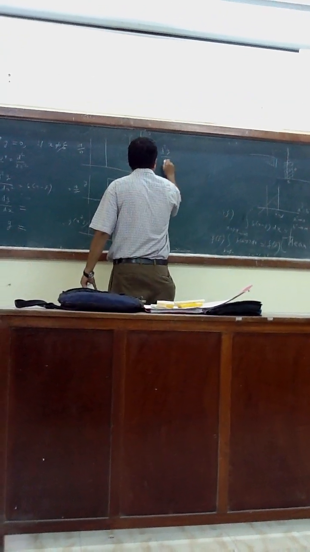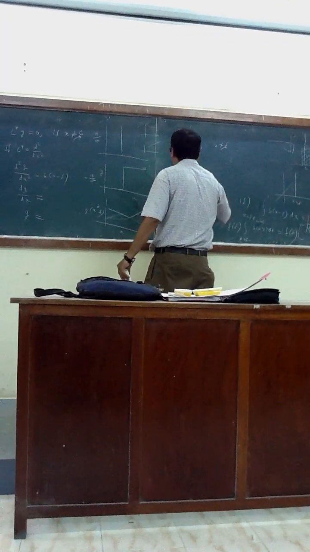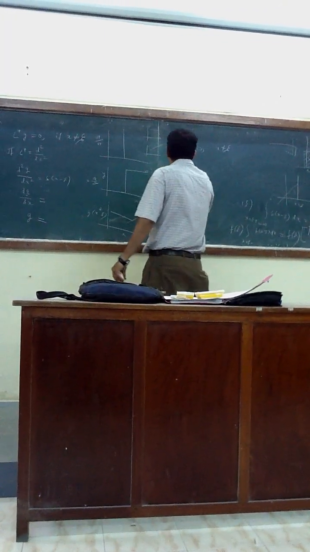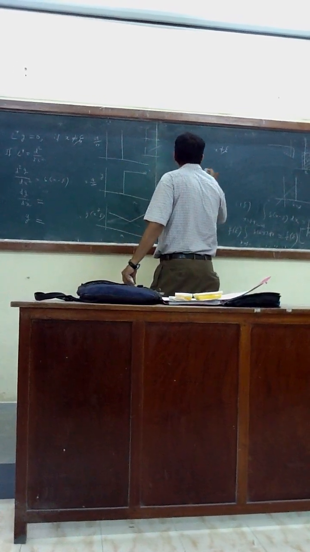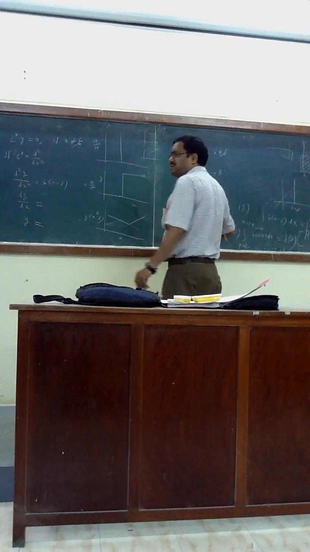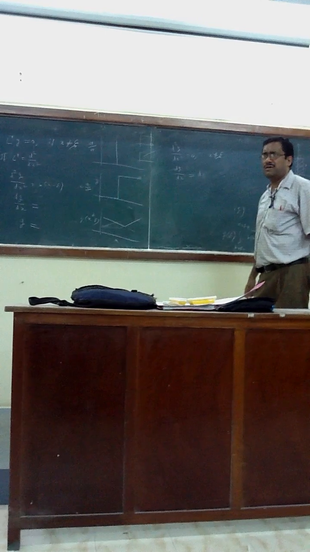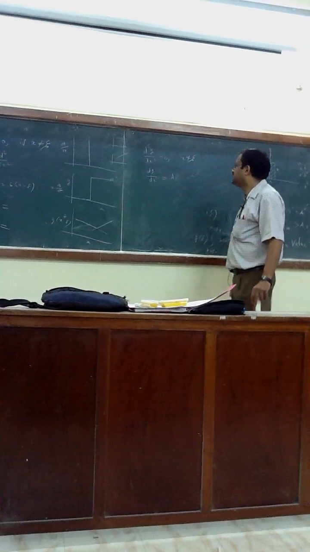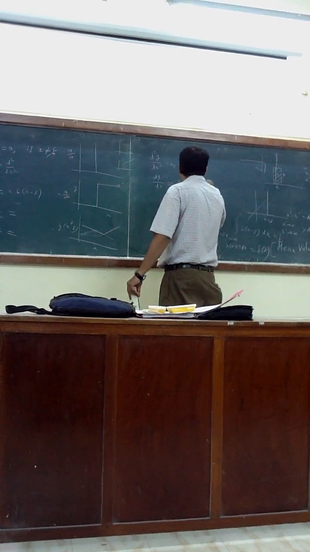So d2g by dx square equals to 0 if x is not equal to 0. dg dx will be what? ax plus b, am I correct? Or a? A is constant. X not equal to 0.